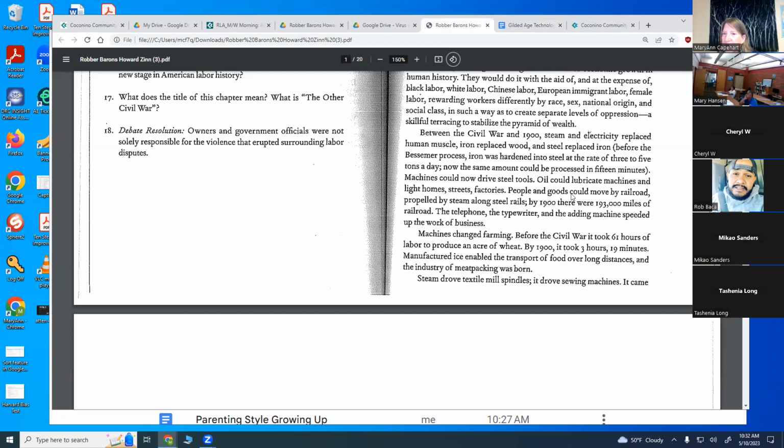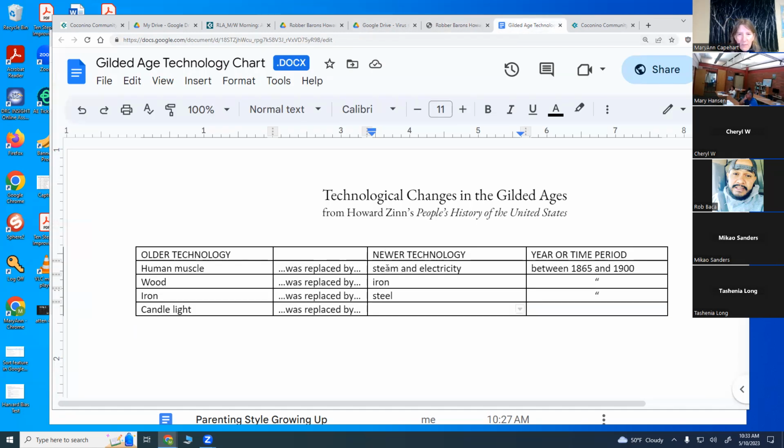Oil could lubricate machines and light homes, streets, and factories. Oil lamps. It also lubricated things.